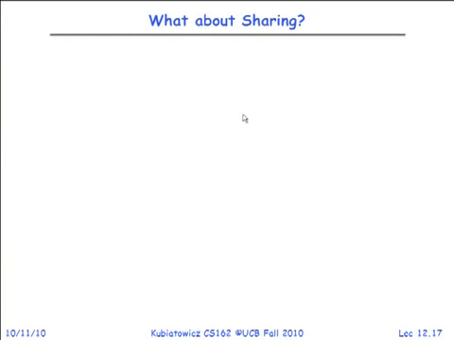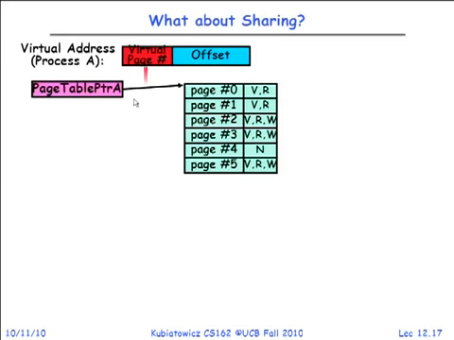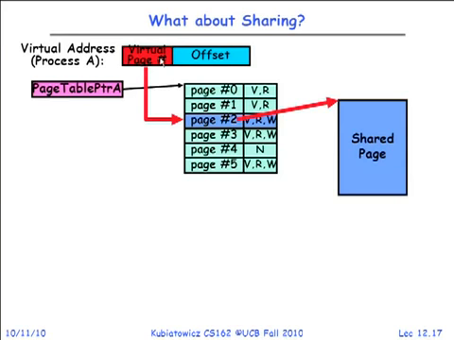Let's talk about sharing. We'll deal with the fragmentation problem that was brought up a little bit in a moment. But how do we share data here? Well, two processes can share data very simply. Here's process A's virtual address space and process A's table pointer. And we can have a certain range of the virtual address space point to some page.